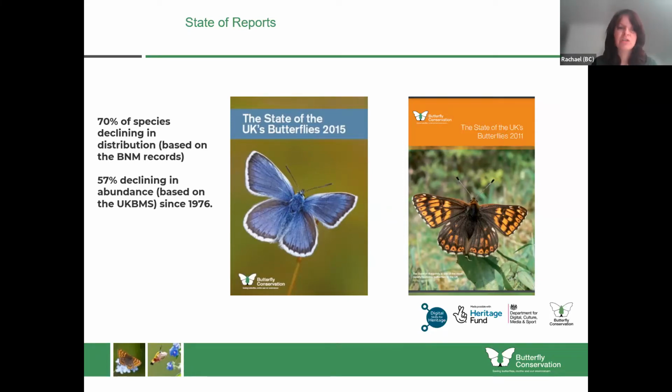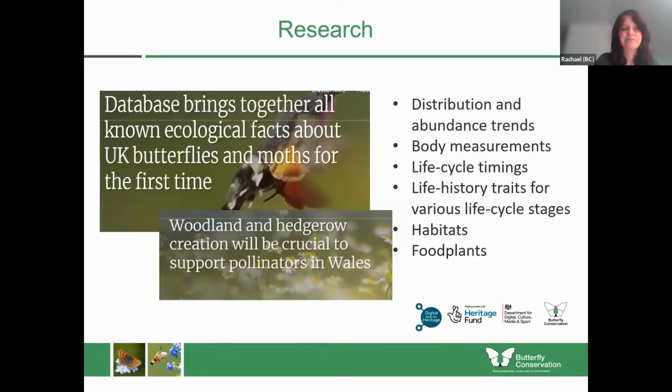In the latest one, 2017, 70% of species were found to be declining in distribution, meaning they were shrinking in their spread across the UK, and 57% are declining in their abundance. That's their population, which has shrunk since 1976.